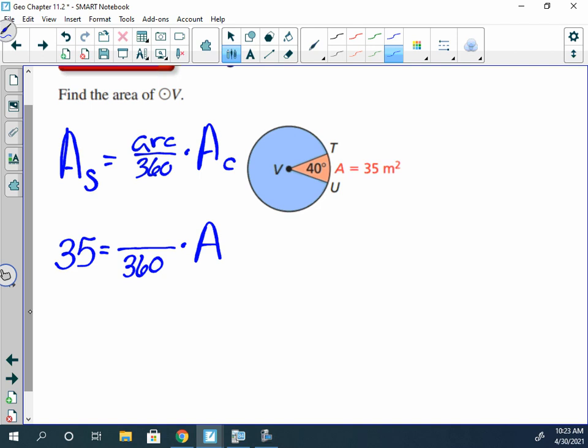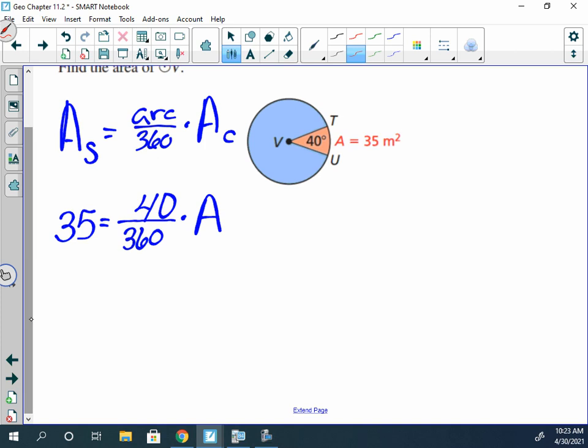Now our arc measure is 40. We would divide both sides by 40 over 360.